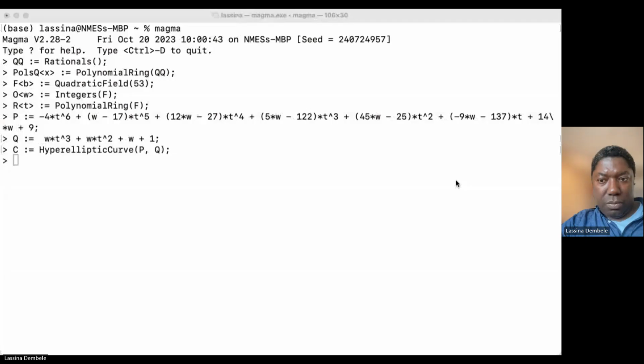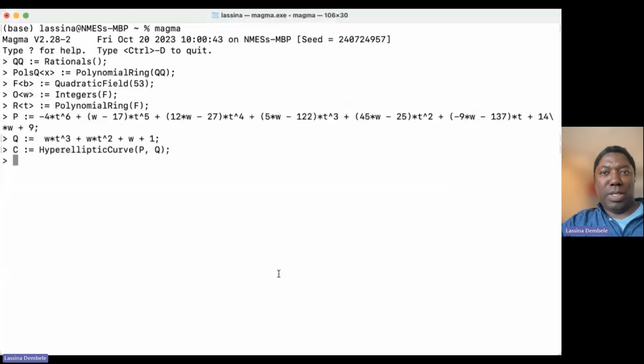Now, the first screen that I'm going to share is, oh, that's the wrong one, but we're going to come back to that a bit later.